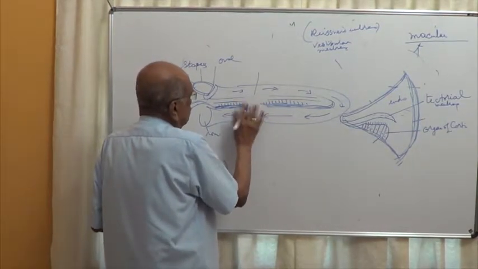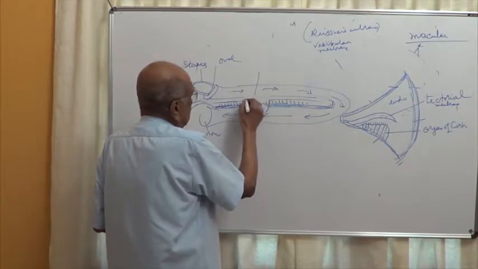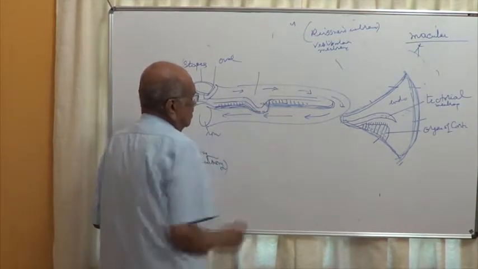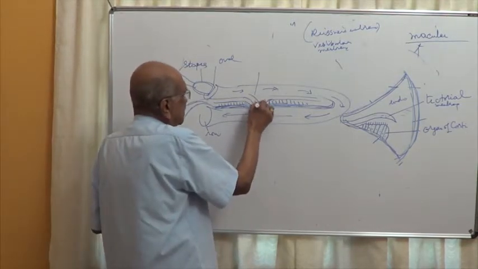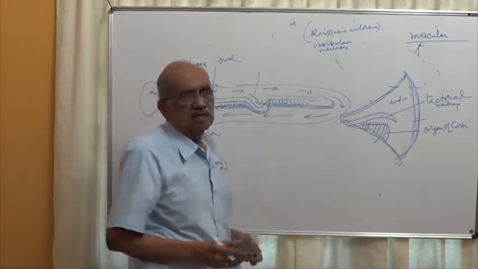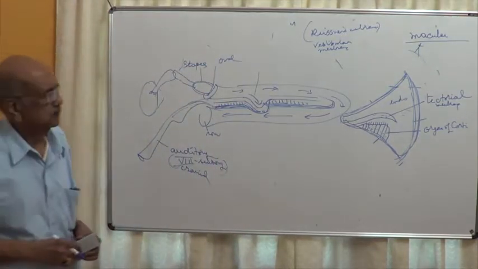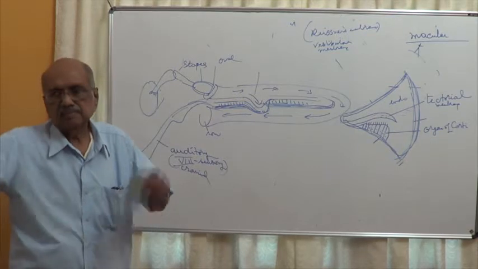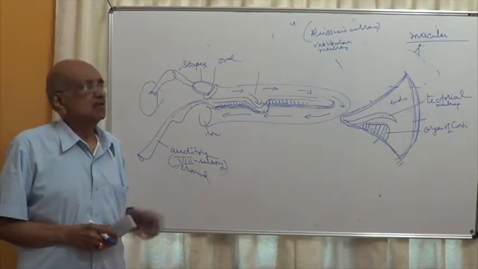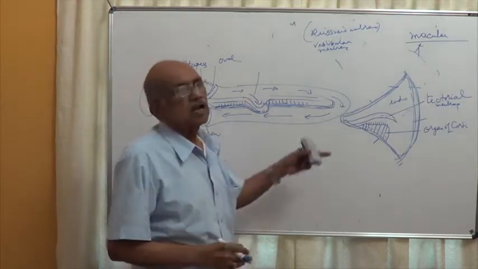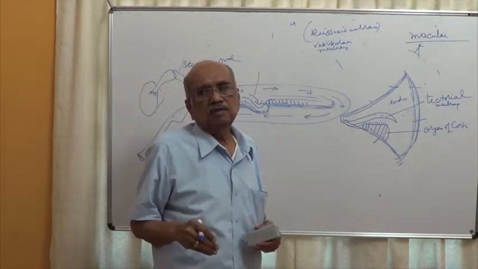Let us draw this here. Why do you bend it? I am bending it. The bending is caused by a depression produced by a sound wave. The entire membrane responds.